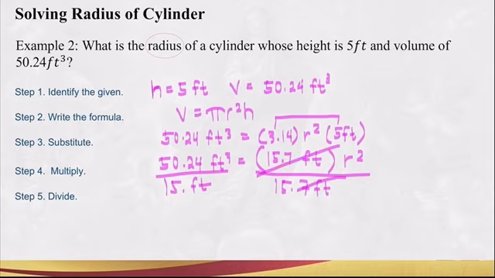Makakancel po ito, matitira si r squared. So 50.24 divided by 15.7, that is 3.2 feet squared.